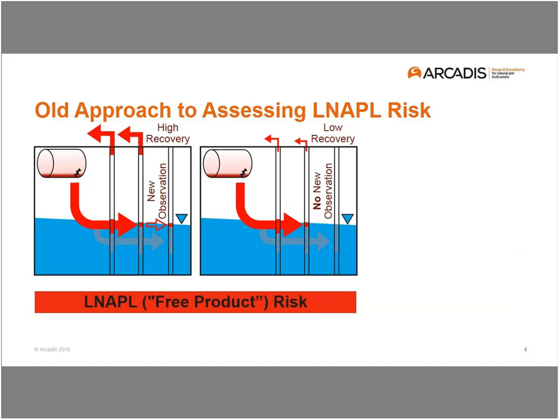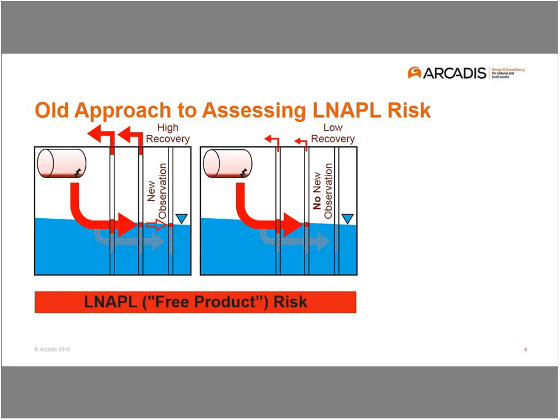So the old approach to assessing LNAPL risk started out with drilling some wells at, say, a service station and seeing if there was LNAPL in those wells, free product. And if there was LNAPL in the wells, we would try to remove it. And the conceptual model was that as long as there was LNAPL in the wells, there was a risk that that LNAPL was going to continue moving to new wells, continue expanding its overall footprint.